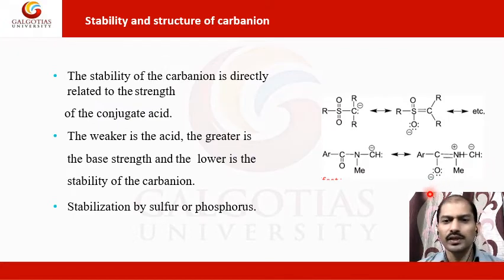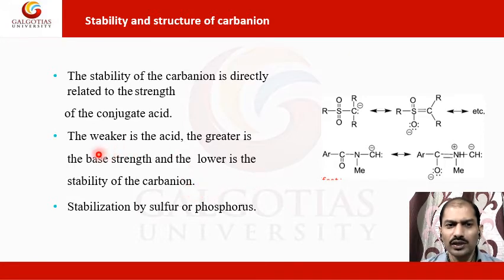If you see, in terms of stability, the stability of a carbanion is directly related to the strength of the conjugate acid. Here you can see the stability order: the weaker the acid, the greater the base strength, and the lower the stability of the carbanion.